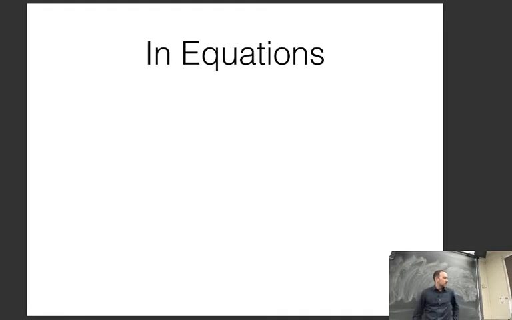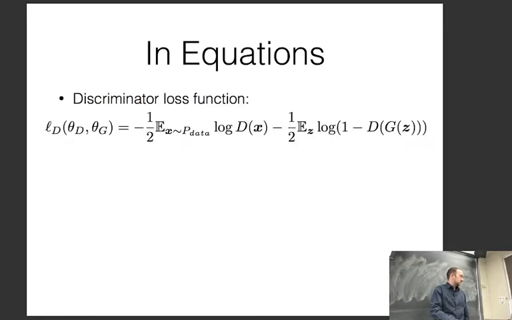Okay. So doing this in equations, the discriminator loss function is just the same as the paper. Basically, our loss function is the expected negative log likelihood for both the data and the generated samples, where D is the discriminator probability, basically the probability of the data being true.